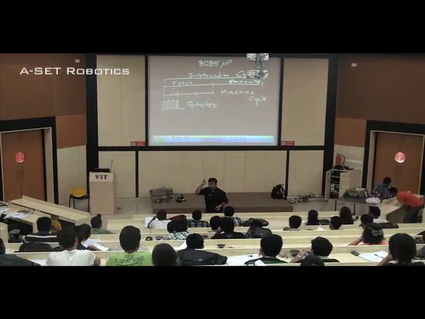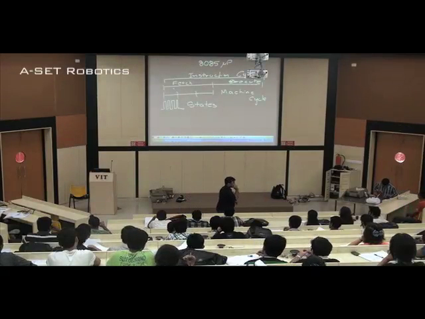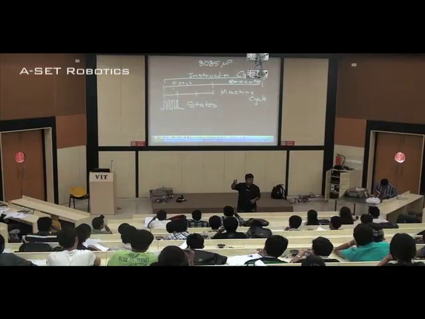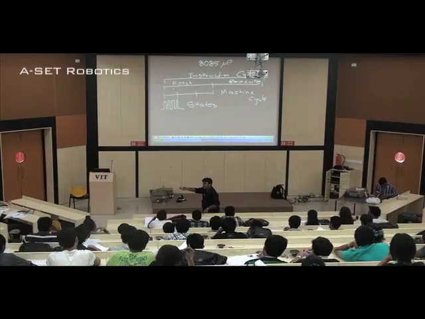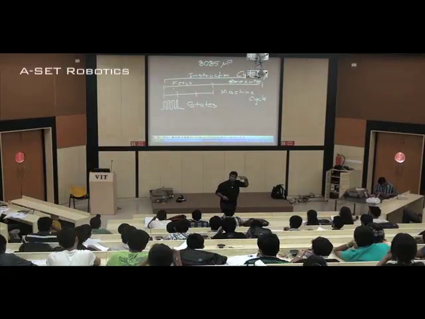The instruction has to be given by some channel to the microprocessor so that it can understand what exactly it has to do right now. Once it understands, then it can proceed forward to execute it.